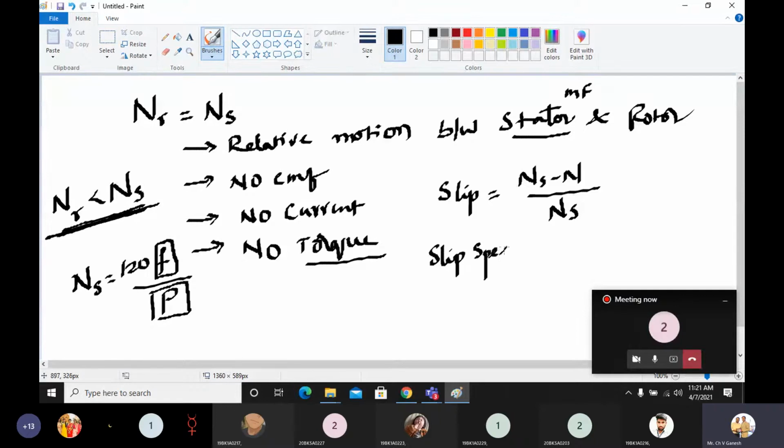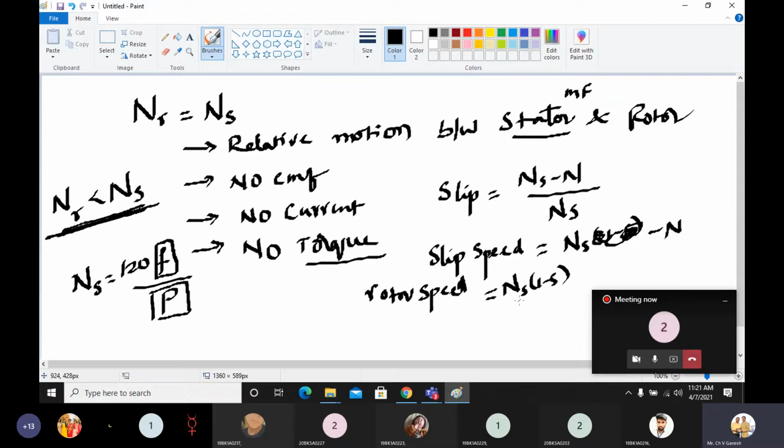Slip speed is Ns minus N. If I need to find the rotor speed, that is Ns into 1 minus s. These are the different formulas.